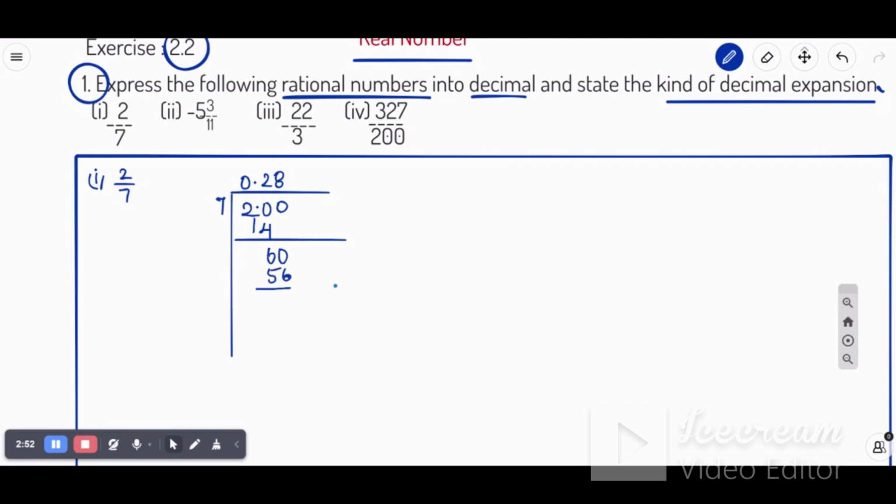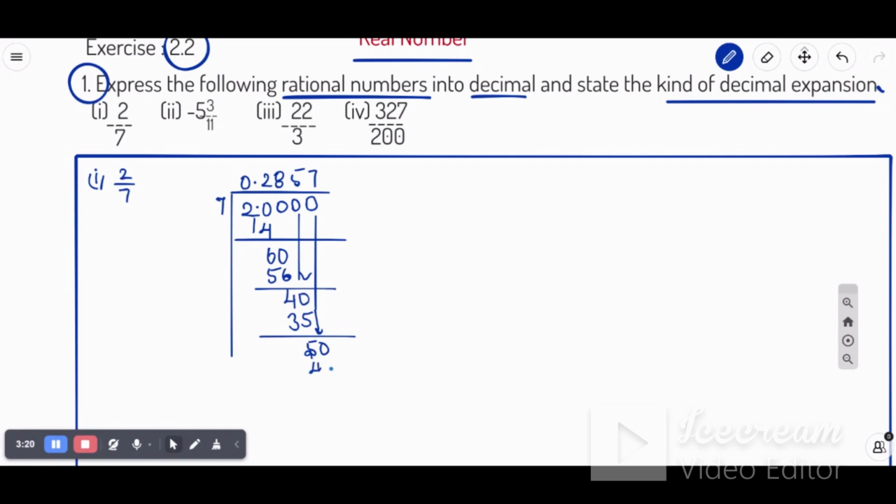So 56, now you get your 4, and then let me put one more 0 and take it down, and that will be 40. So 5 sevens are 35. This is just a division which you know very well, so I'm making it fast. Then put your 0 and let it come down. It will be 50. So 7 sevens are 49.